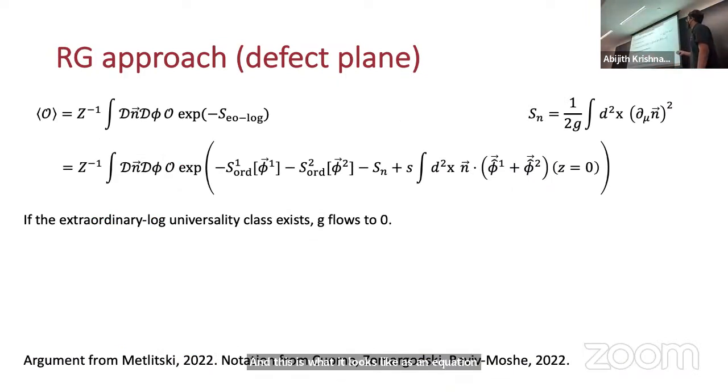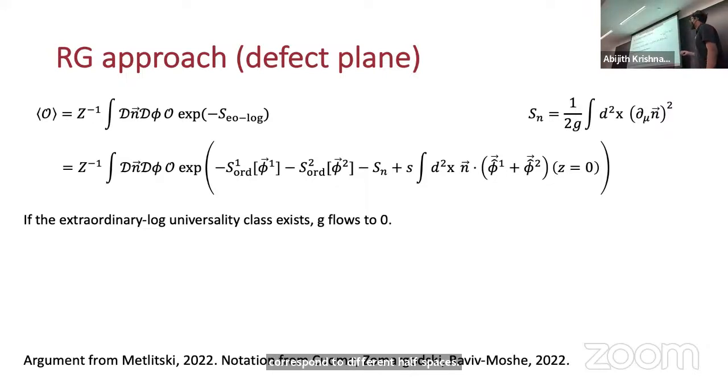This is the extraordinary log action, where we can write it as two copies of the ordinary boundary universality class, a nonlinear sigma model, and then a coupling between the layer and the two ordinary universality classes. Here, instead of labeling the fields as phi on both layers, I'm just labeling them as phi1 and phi2 to correspond to different half spaces.